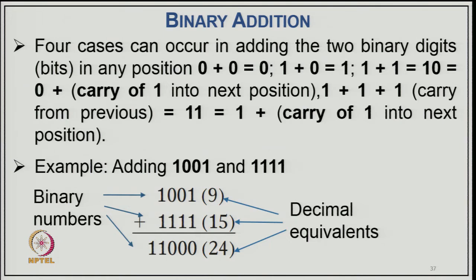So the result is 11000, which converted into decimal becomes 24, and 9 plus 15 is also 24.